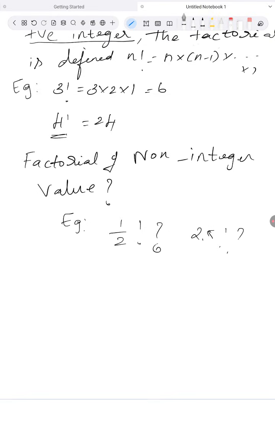So for finding the factorial of a non-integer value, this leads to the definition of the gamma function.